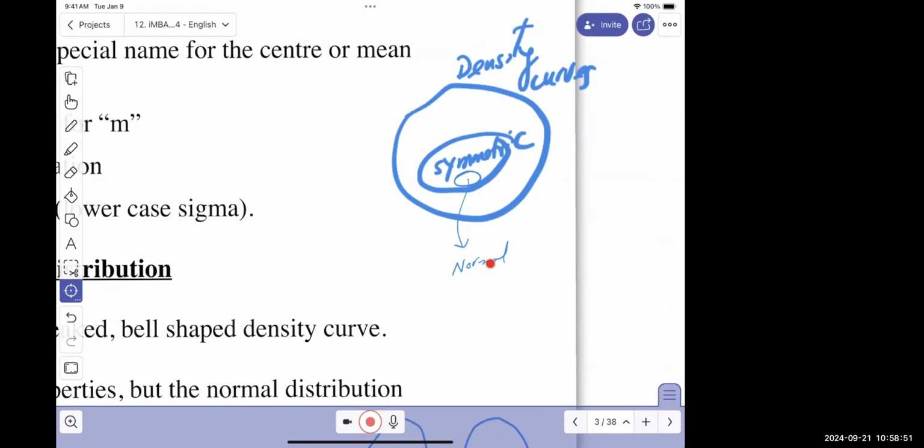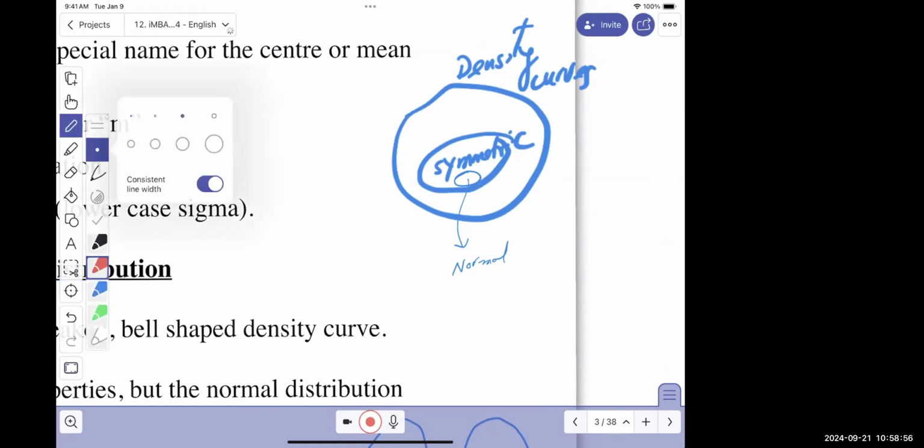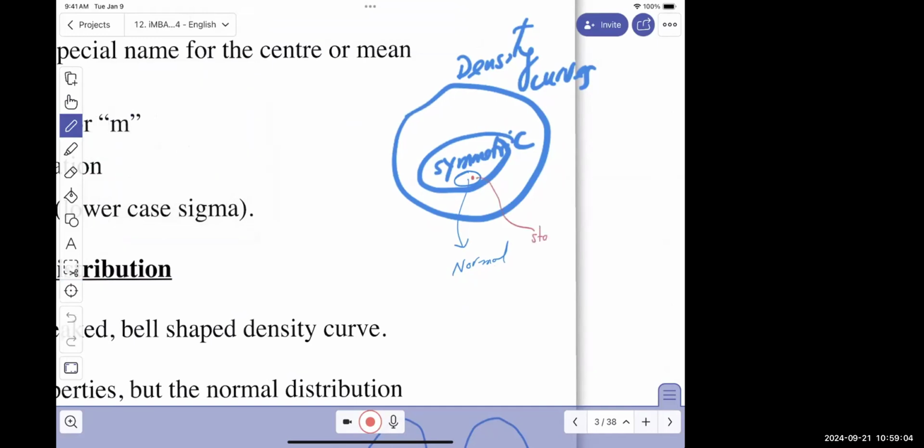And out of the normal ones, one is called standard normal. And because it's so special, it gets a special name. We refer to it as a Z distribution.